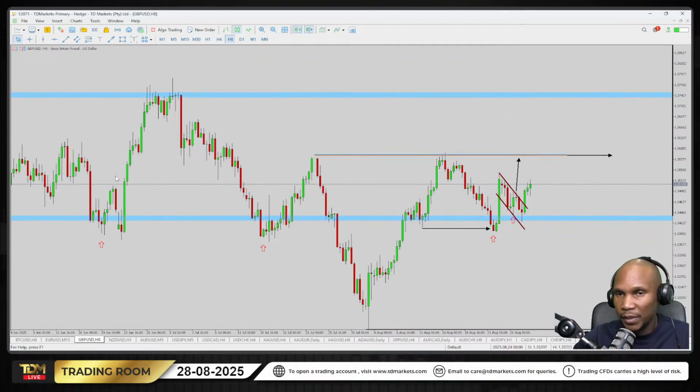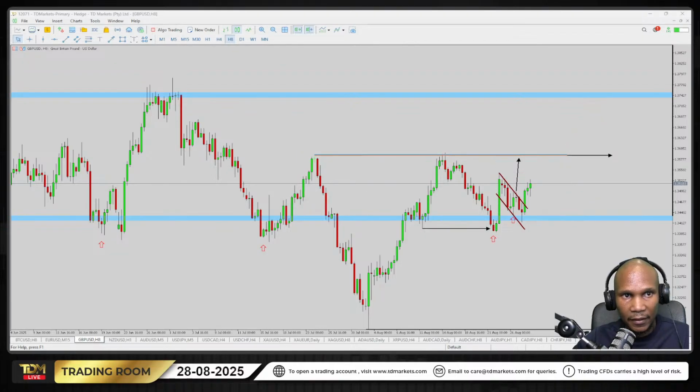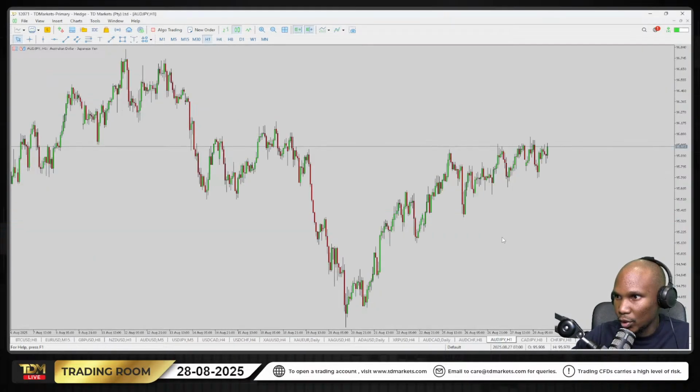But also just be aware of that high there, right? So price might struggle a little bit because it's a previous high. But once we break out of that high, then we know we're going back there. And then we'll see what's going to happen there. Is price going to go down? Is it going to go up? We'll see what's going to happen. All right. But GBP USD, this one is still bullish.